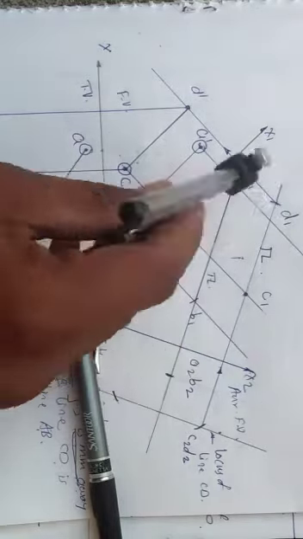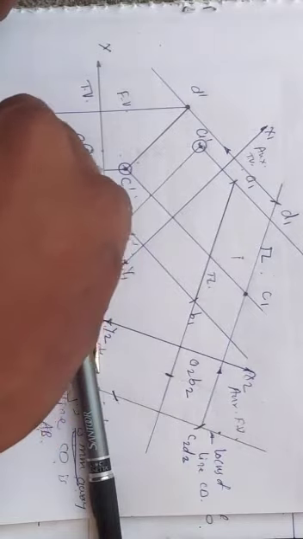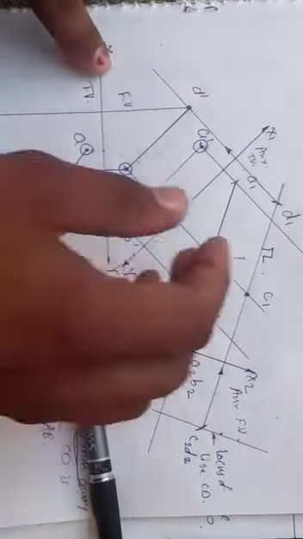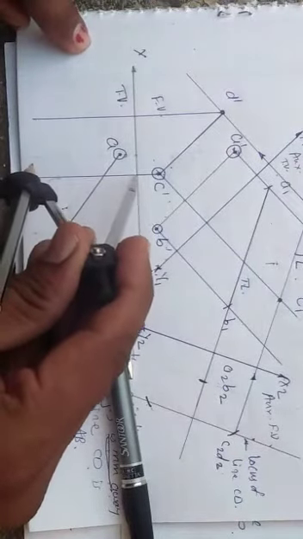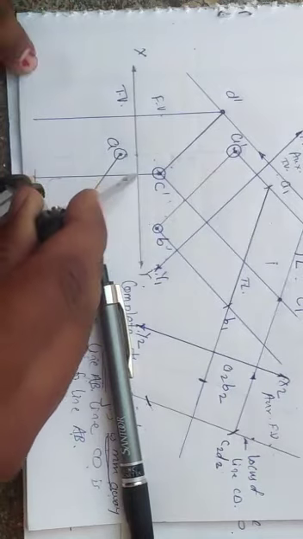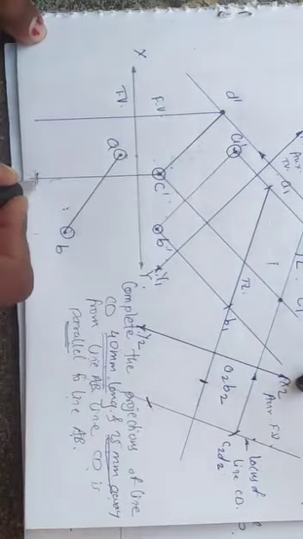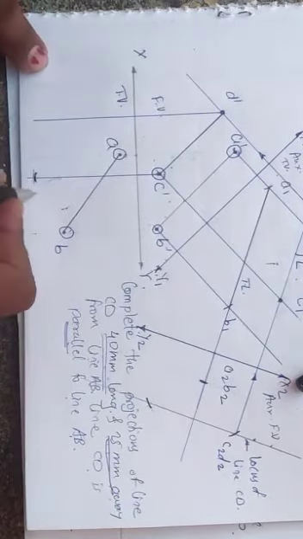and transfer the same distance from xy here in the bottom, this way. From xy mark the distance here. So here we will be getting C's top view.